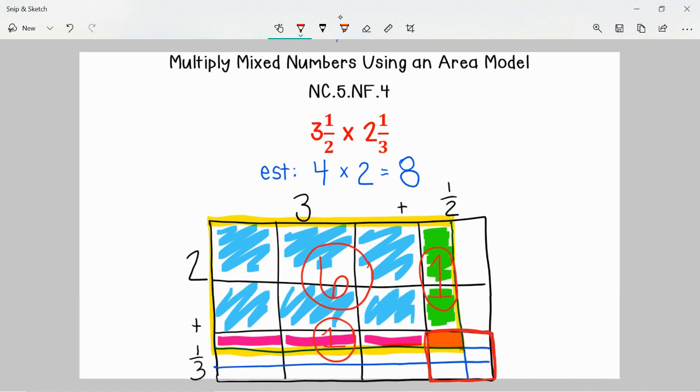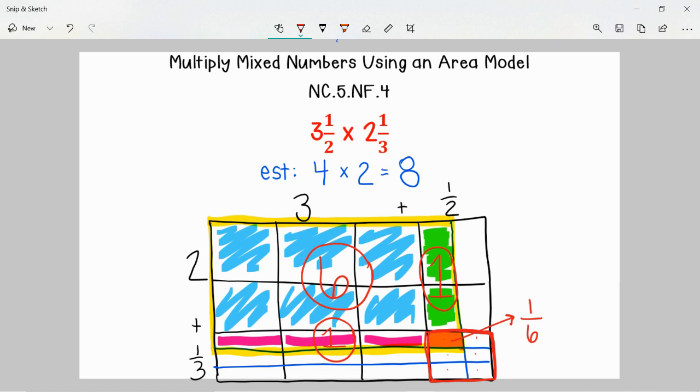This whole has been split into 1, 2, 3, 4, 5, 6 equal parts, and we see that we have just one of those shaded in. So what that lets us know is that this piece that I've shaded in orange has a value of 1/6, because just one out of those 6 equal parts is shaded in. And that makes sense. We took 1/3 of a half, so we have just a part of a half, and 1/6 is reasonable.